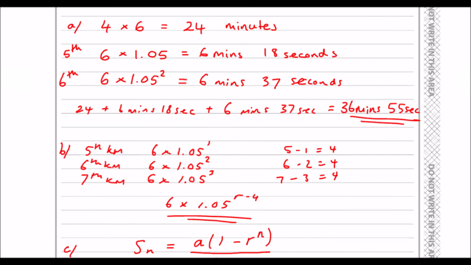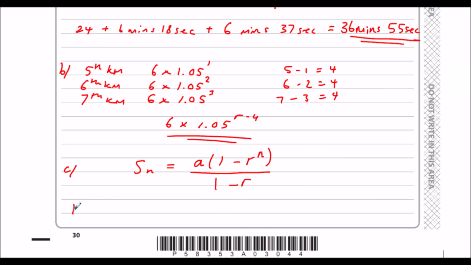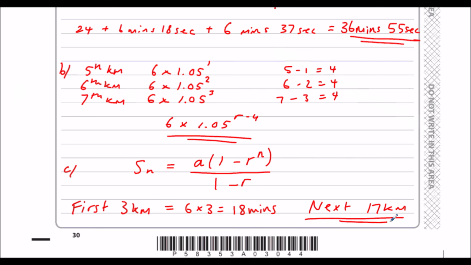So the first 3 kilometers will be 6 times 3, 18 minutes. So we'll split that off, and then we'll have the next 17 kilometers that we will work out.